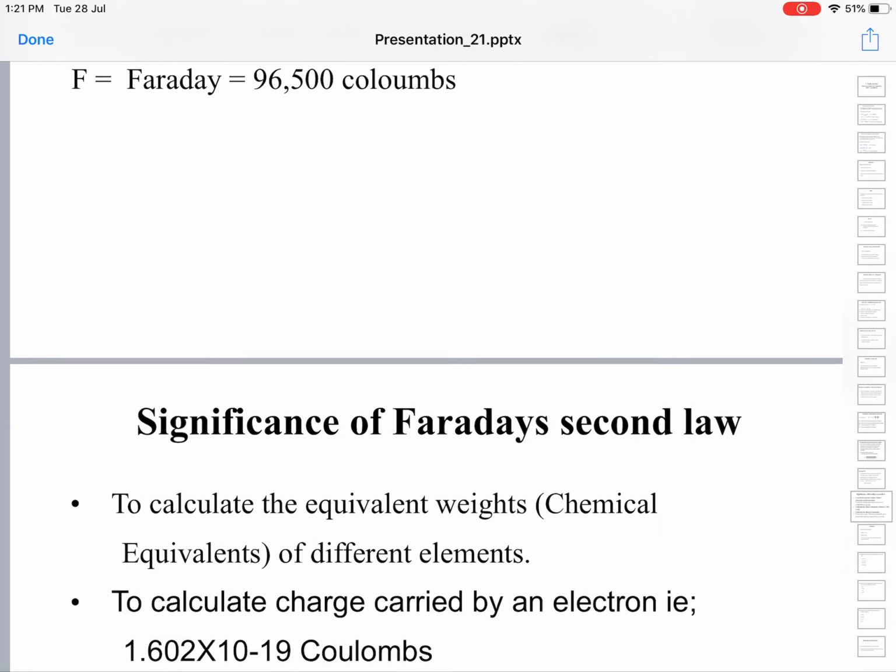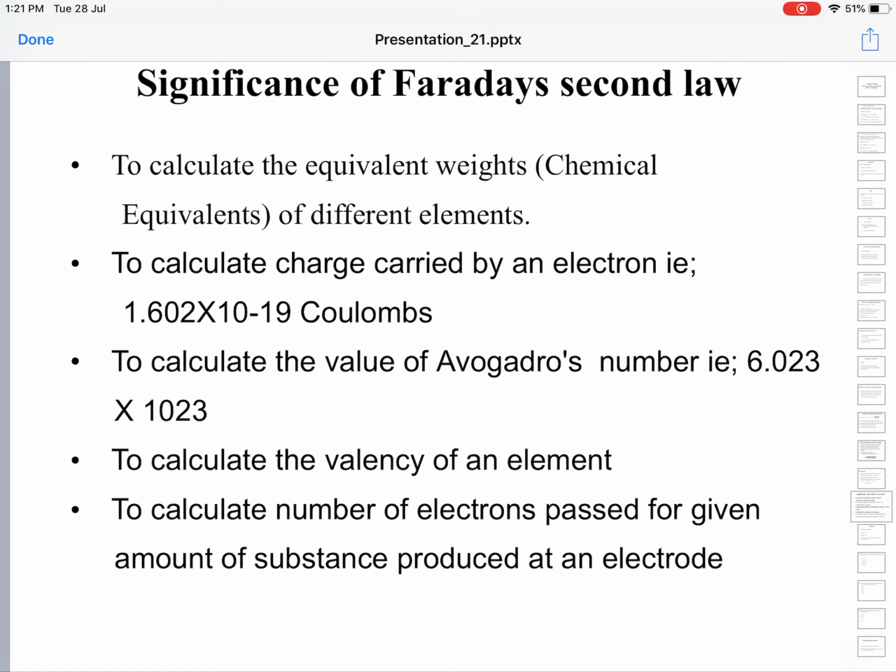Significance of Faraday's second law: to calculate equivalent weights and to calculate the charge carried by an electron. All these things can be achieved by Faraday's second law. We can calculate chemical equivalent weights of different elements.